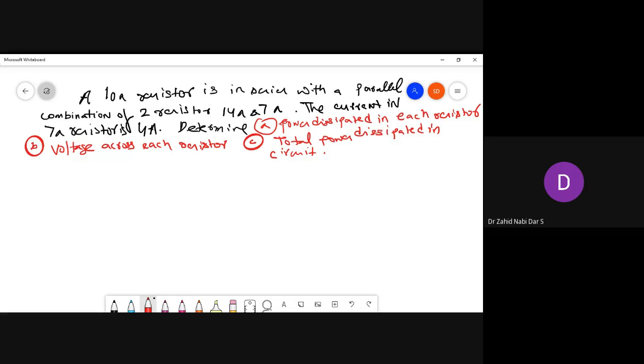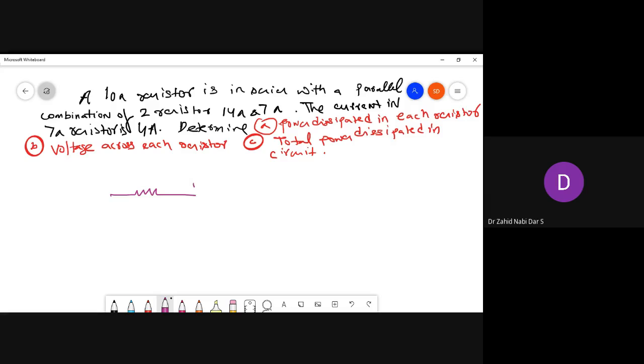A 10 ohm resistor, if I draw it like this, is in series with a parallel combination of two resistors, 14 ohm and 7 ohm.